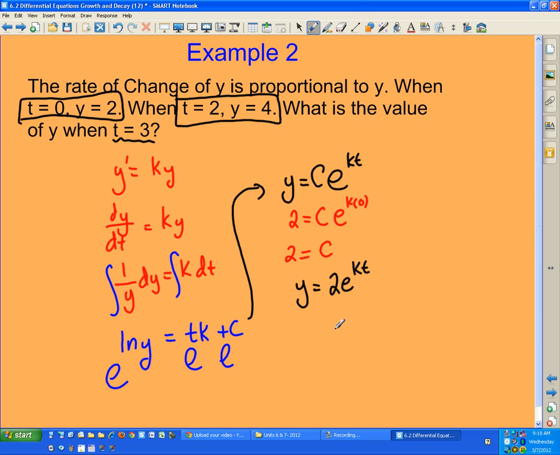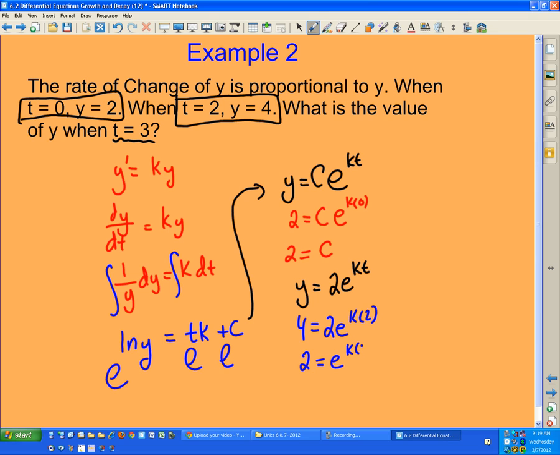So we're going to find k now. They told us t was 2 and y is 4, so I plug those in: 4 equals 2 e to the k times 2. Now we have to do a little work. If I divide by 2, I get 2 equals e to the k times 2.